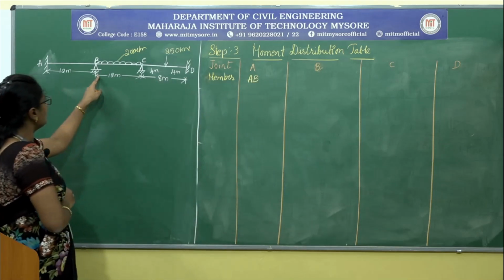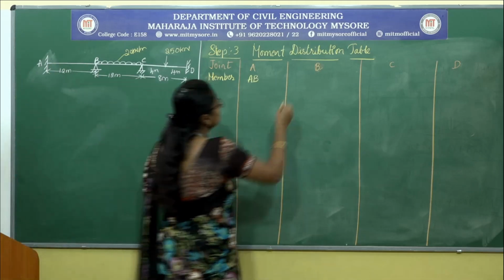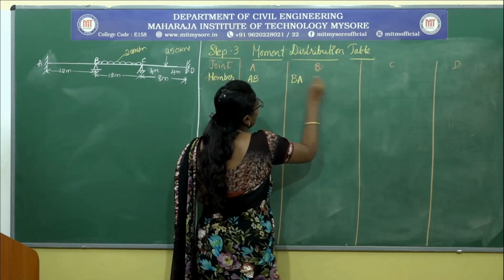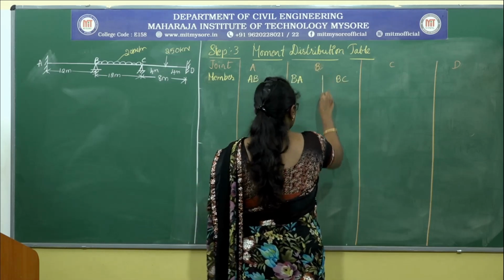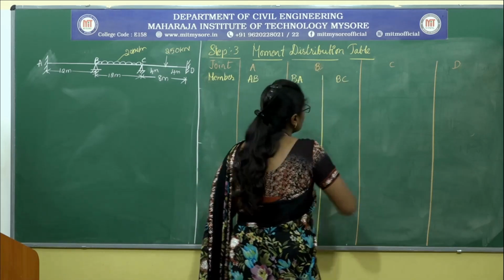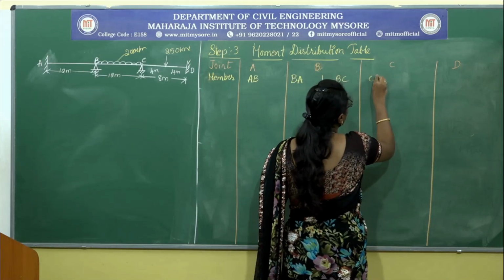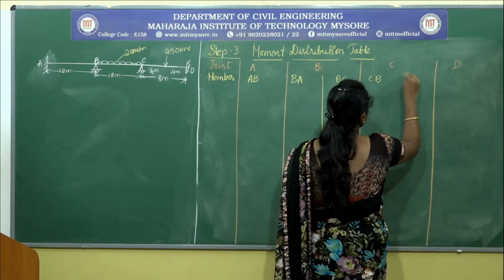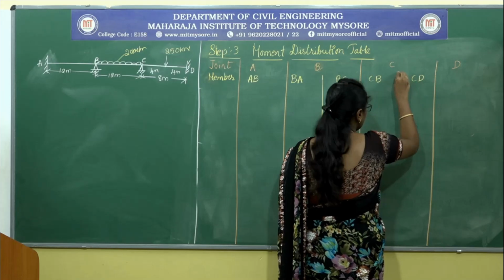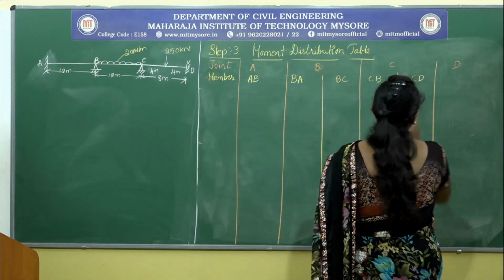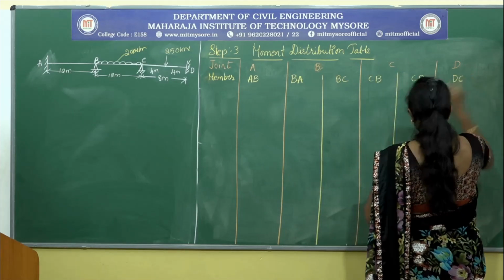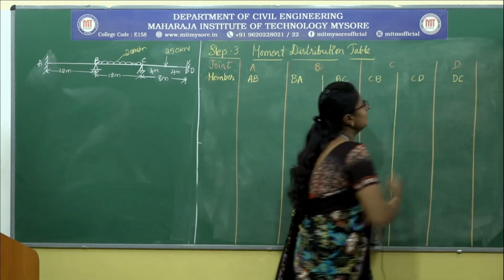For the second joint B we have two members, BA and BC. Next, for joint C, two members, CB and CD. Next, for D we have only one member which is DC.